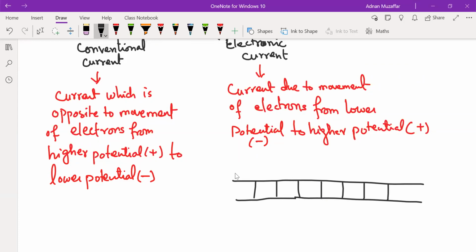Maybe this would be the negative terminal and negative side of the wire, and this would be connected to the positive side of the wire. So electrons would be moving from negative to positive according to our definition. So for example, there was an electron here, then it moved one step forward. Obviously it will move here, so it will come to this point.